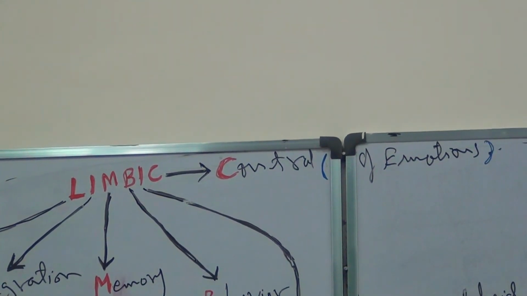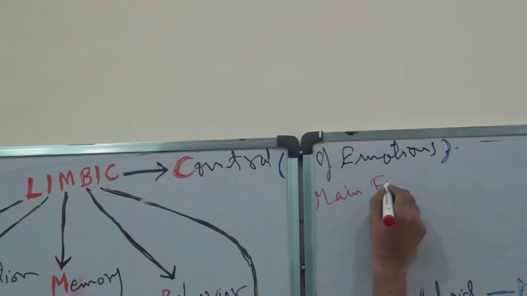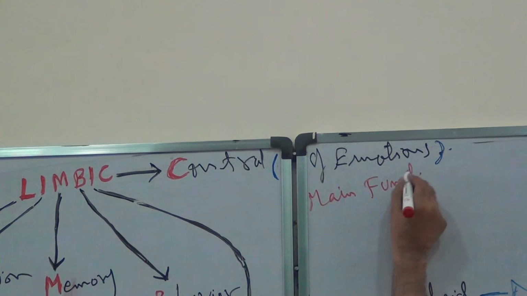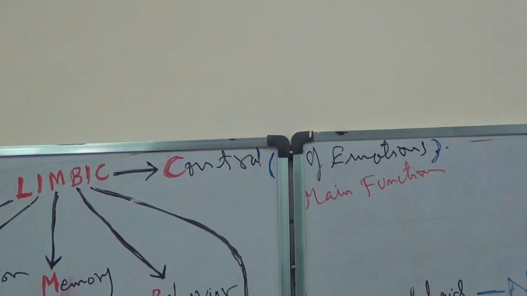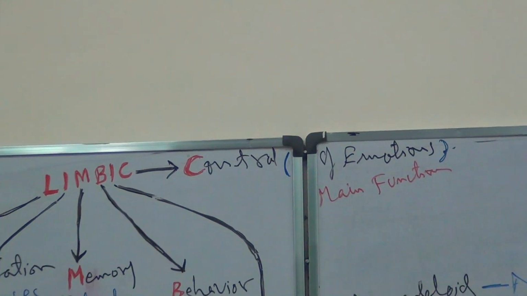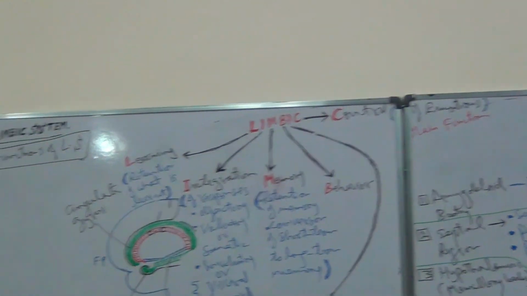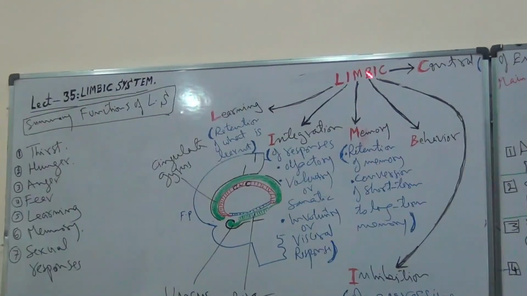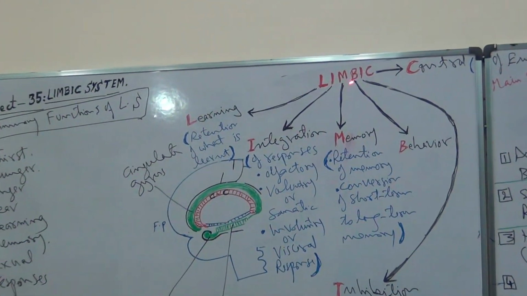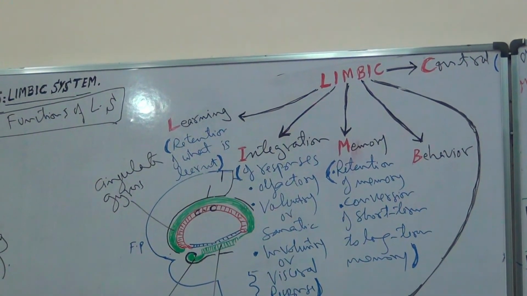And this is the main function of the limbic system. So this was just a summary of the functions of the limbic system, and to remember some of these, we use the spelling of LIMBIC, which will help you to remember.